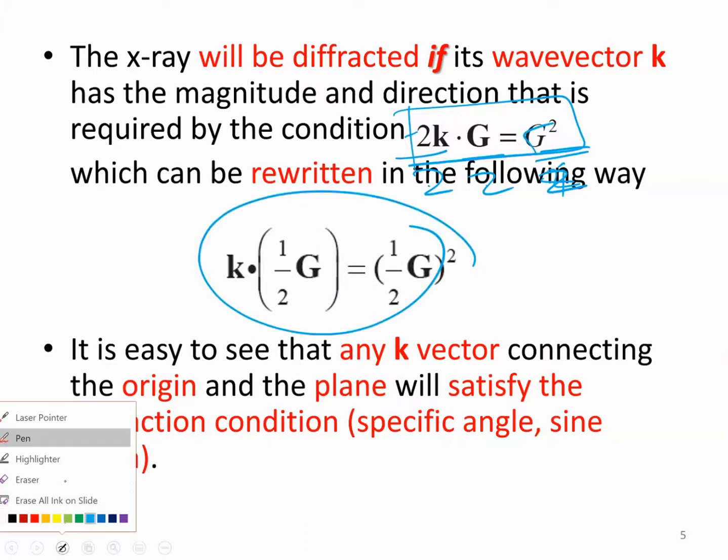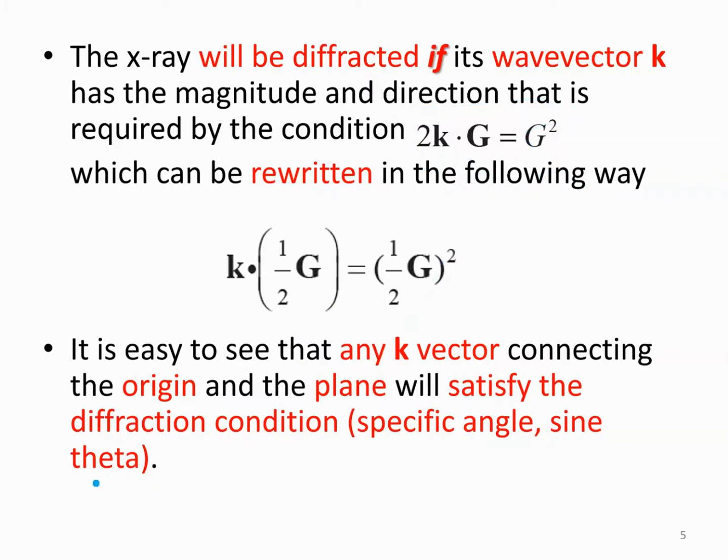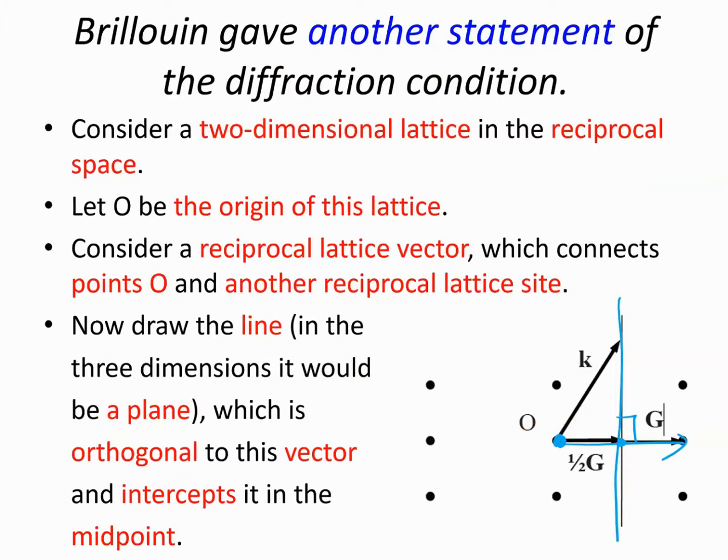So it's easy to see that any k vector connecting the origin and the plane will satisfy the diffraction condition. What I mean is, from here to here is G, right? The reciprocal lattice.